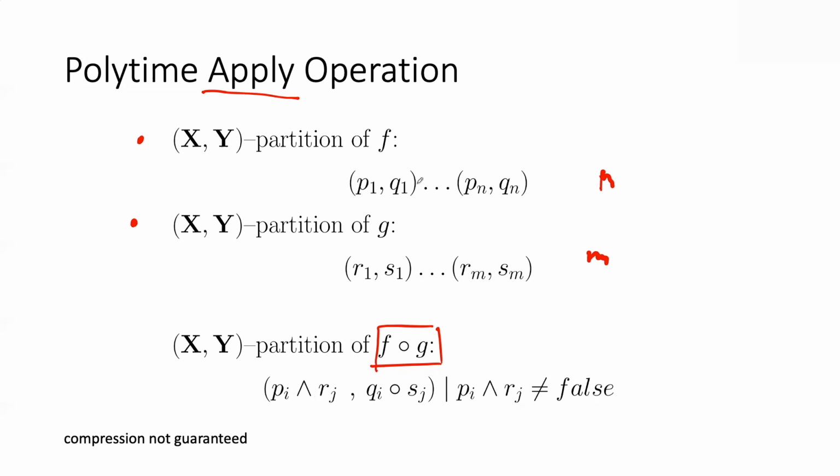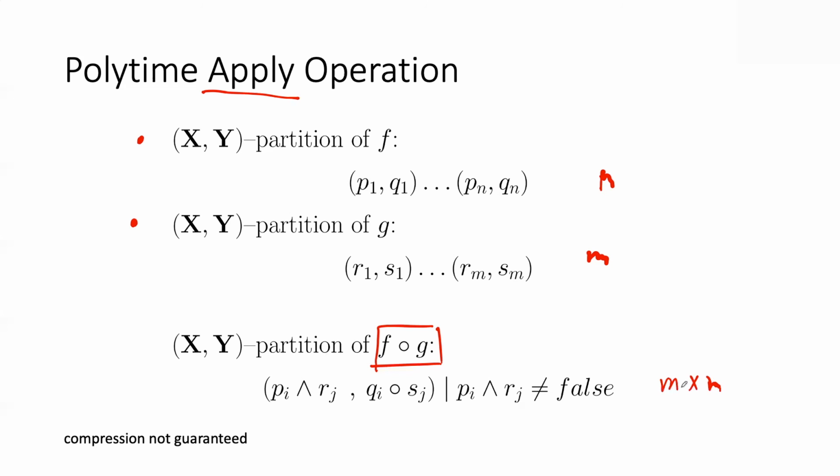So pick a prime from here and a prime from there. If they're not false, that's a prime for the result. And the sub will be simply the corresponding sub of this one and the sub of that one, combined with the operator. So you can see that the size is at most m by n.